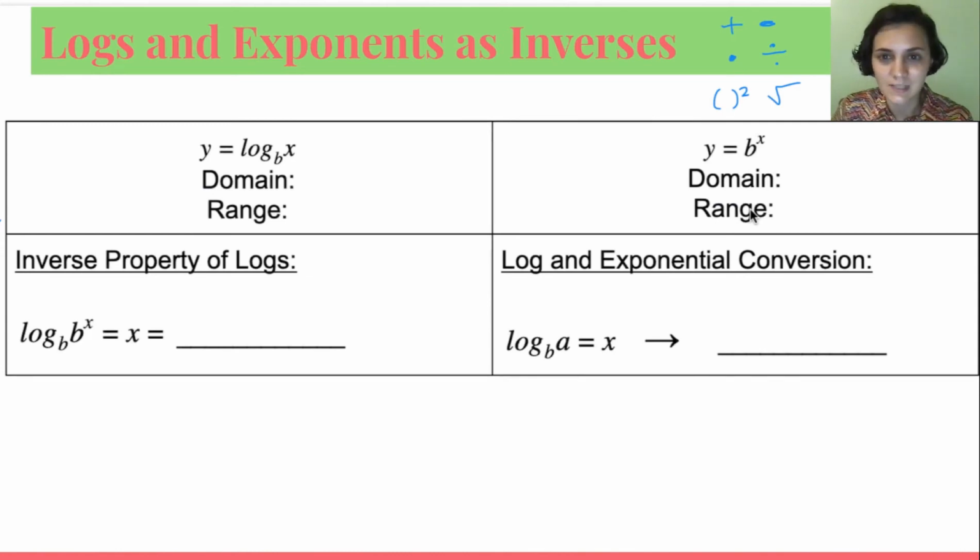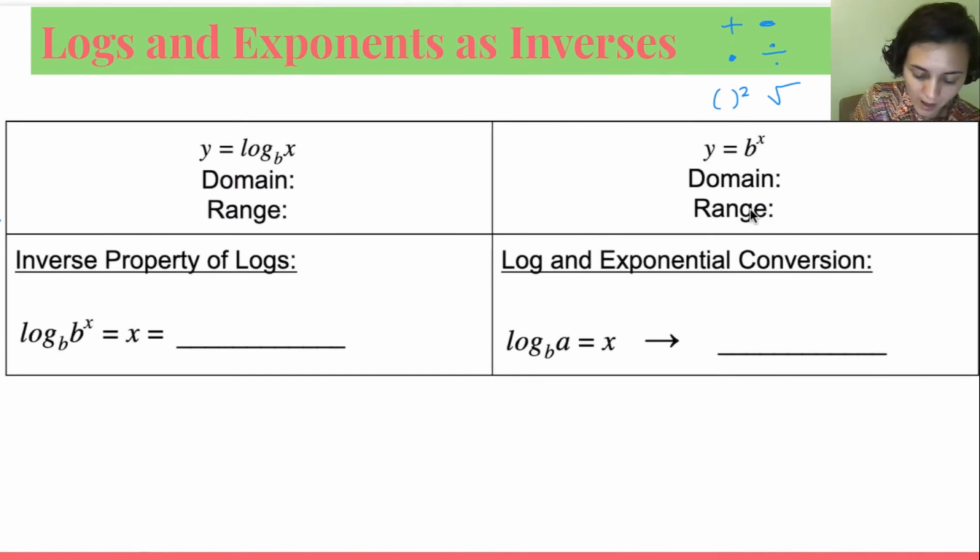That's all the inverses I got right now. So now you can add these two. So log base b and an exponent with a base of b are inverses of each other.